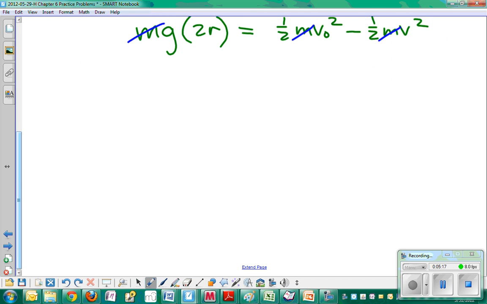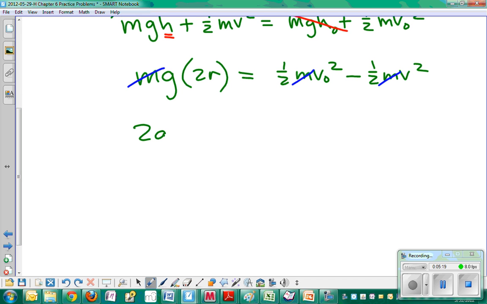All right, so now we're going to say that 2gr is equal to, why don't we make it 4gr? Why am I doing that? We get rid of the 1/2. So we get v naught squared minus, what was v squared? gr. Okay?